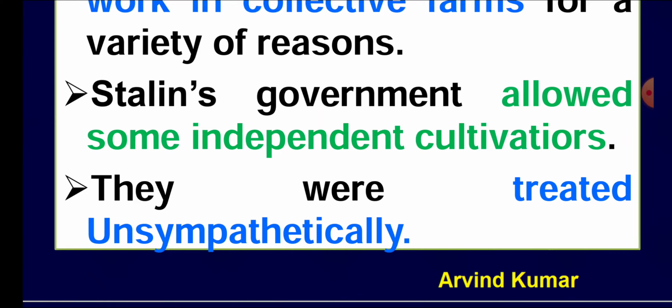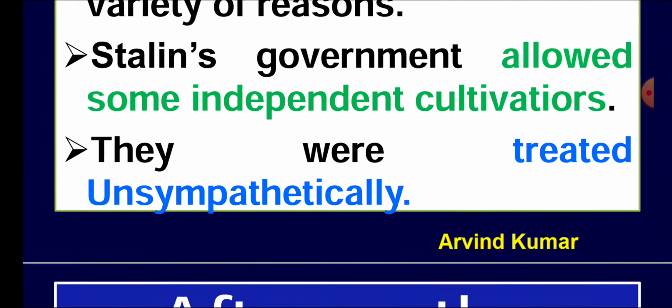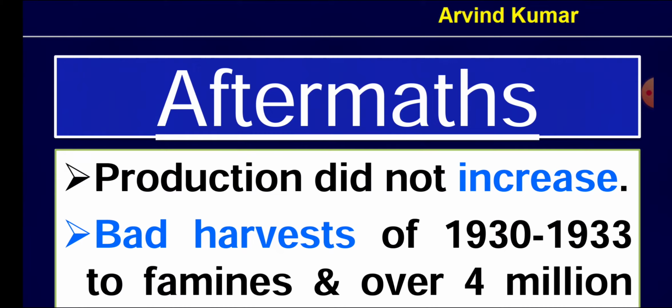Although some were allowed to do independent cultivation, the Stalin government was forced to accept some farmers as independent cultivators, although they were treated very unsympathetically. They were not given any mercy or kindness. After a short span of time, they also accepted this.